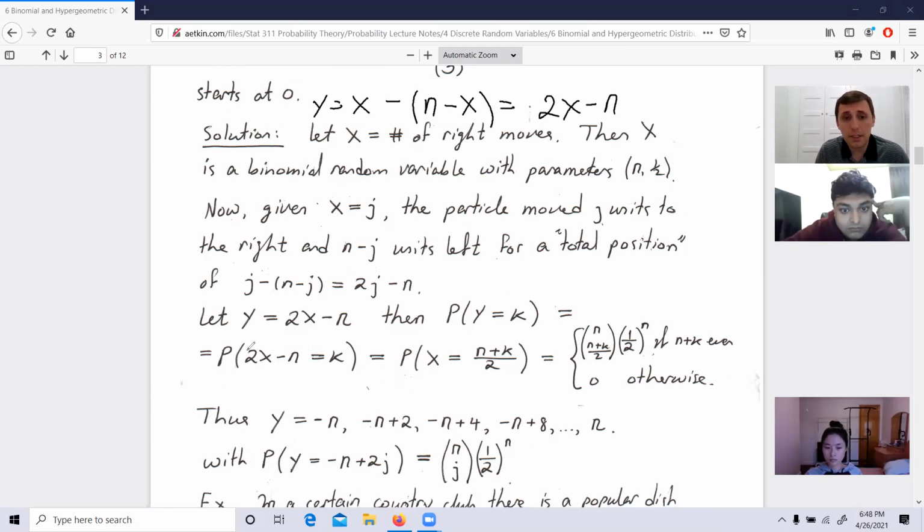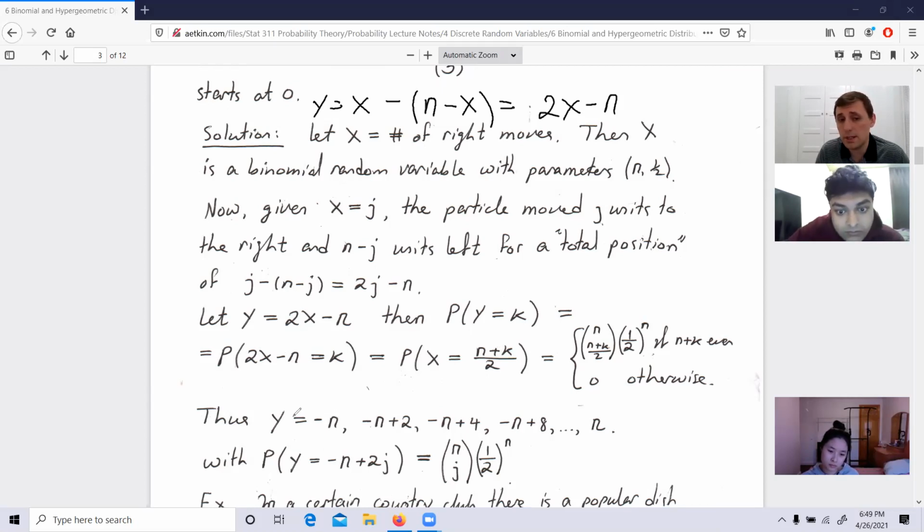And in particular, 2X minus n is equal to k. In other words, let's say k is some value that can be taken. That implies that X is equal to, just solve this equation, (n plus k) divided by 2. So the position that can be taken must be so that when you add n to it and divide by 2, this number is an integer. N plus k must be an even number.